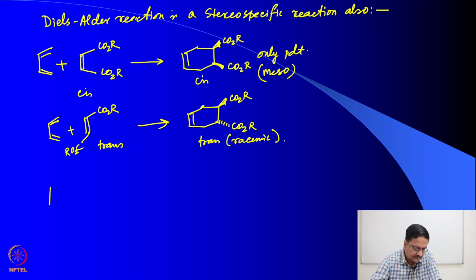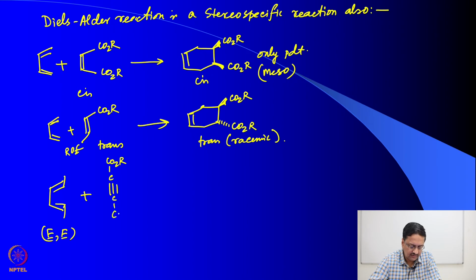Similarly, in case of a diene where we have two methyl groups in the EE configuration, it reacts with a carbon-carbon triple bond with the ester group connected to the alkyne. The EE isomer gives rise to the cis compound.